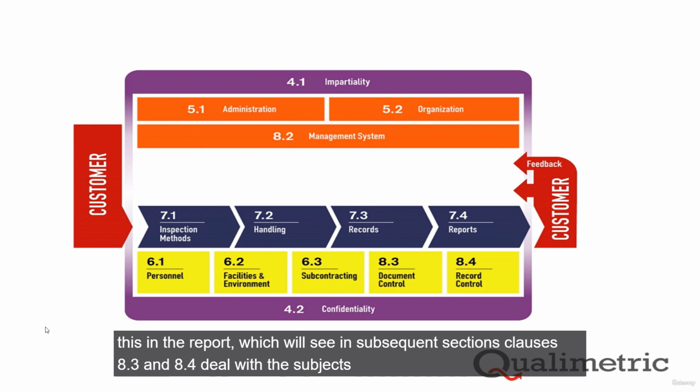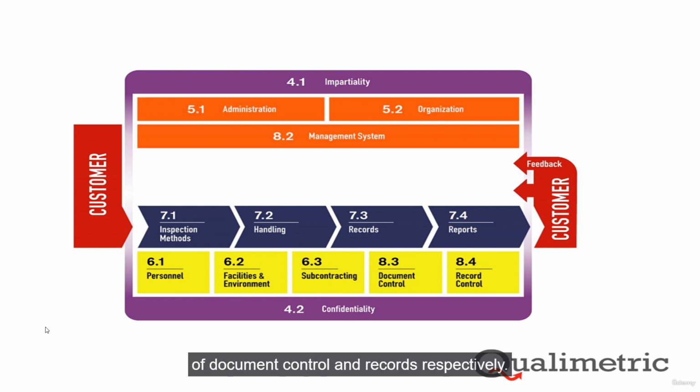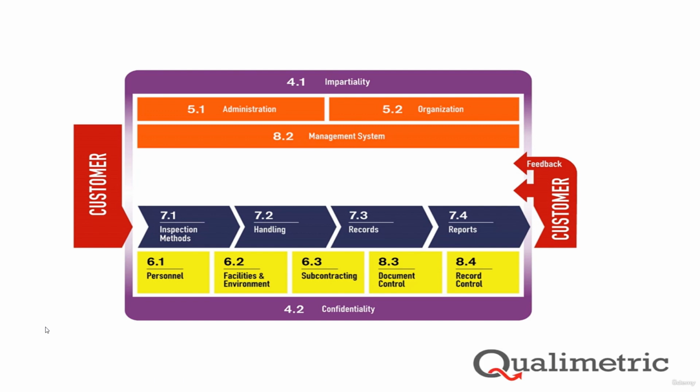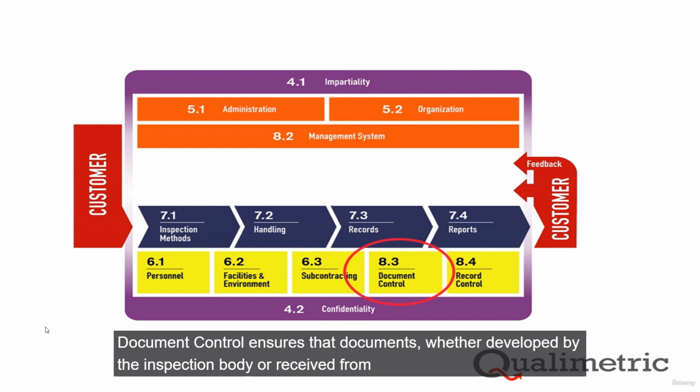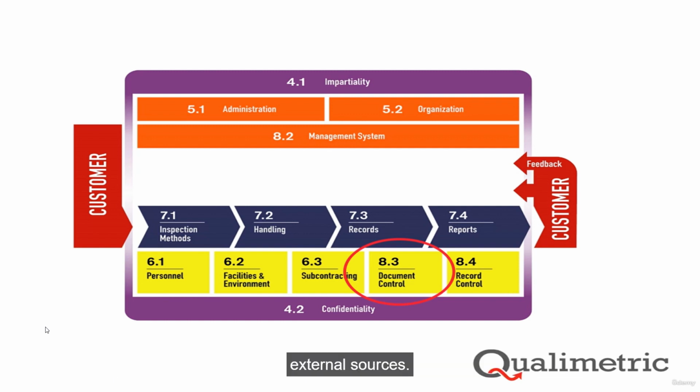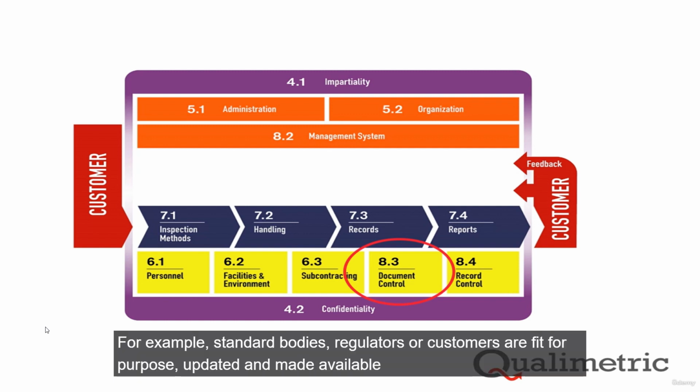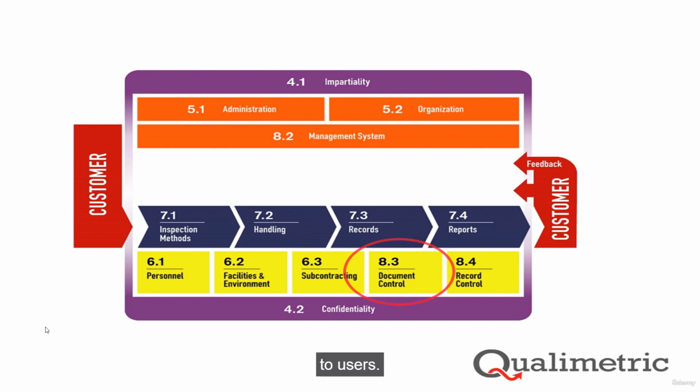Clauses 8.3 and 8.4 deal with the subjects of document control and records respectively. Document control ensures that documents, whether developed by the inspection body or received from external sources, for example standard bodies, regulators or customers, are fit for purpose, updated and made available to users.